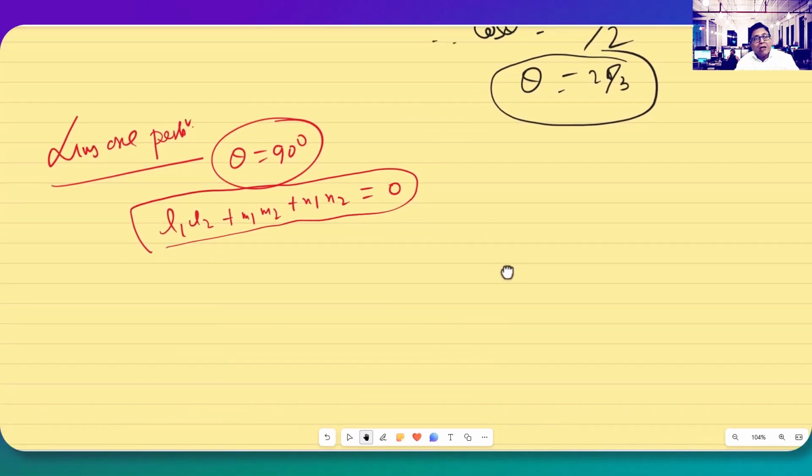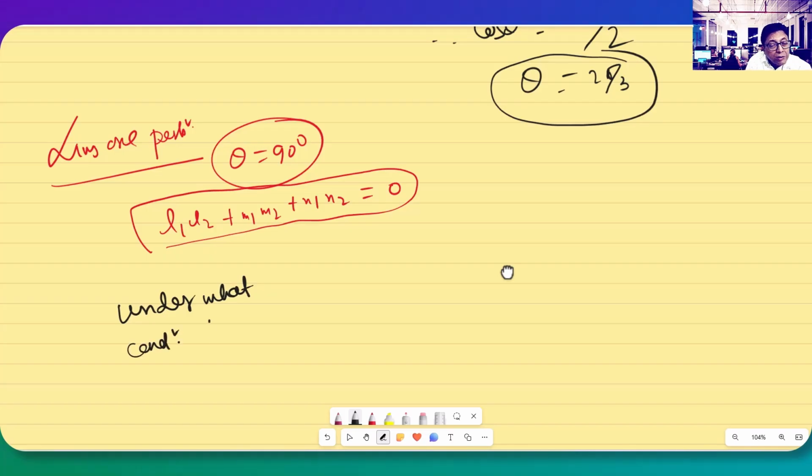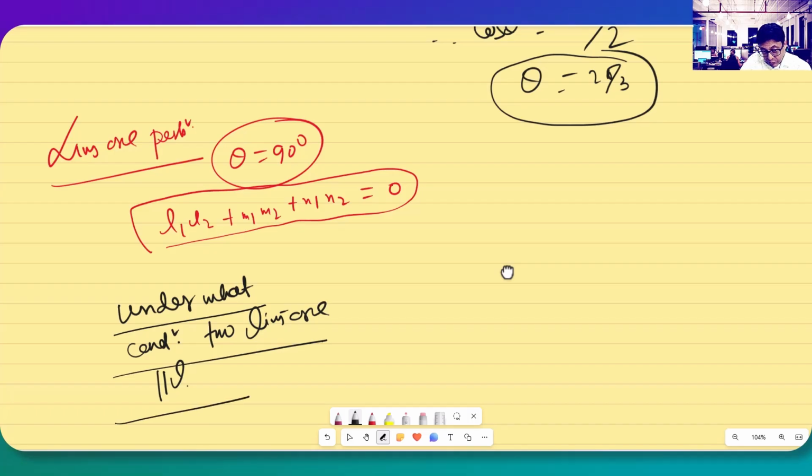But today's class I will be discussing theory, so I have to tell you how to get the condition for parallelism. Two lines are parallel under what condition? They are having direction cosines L1, L2, whatever we have taken.